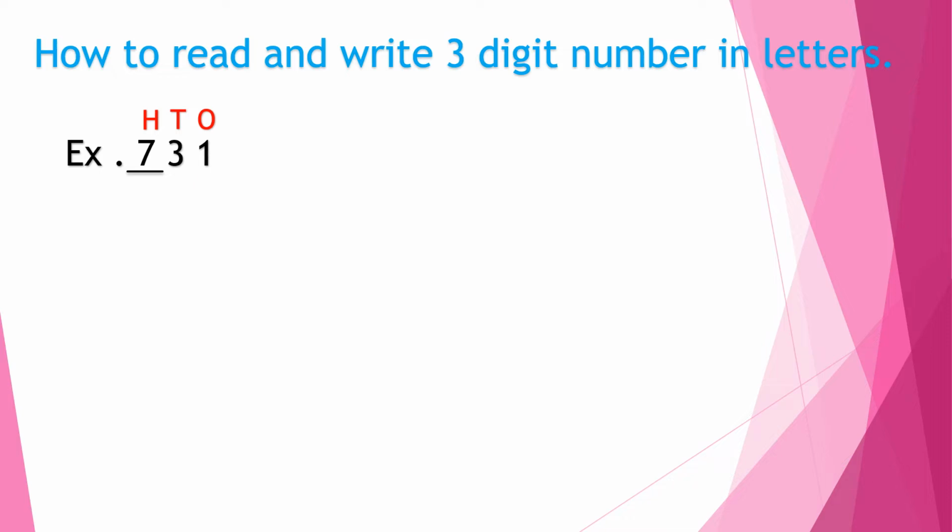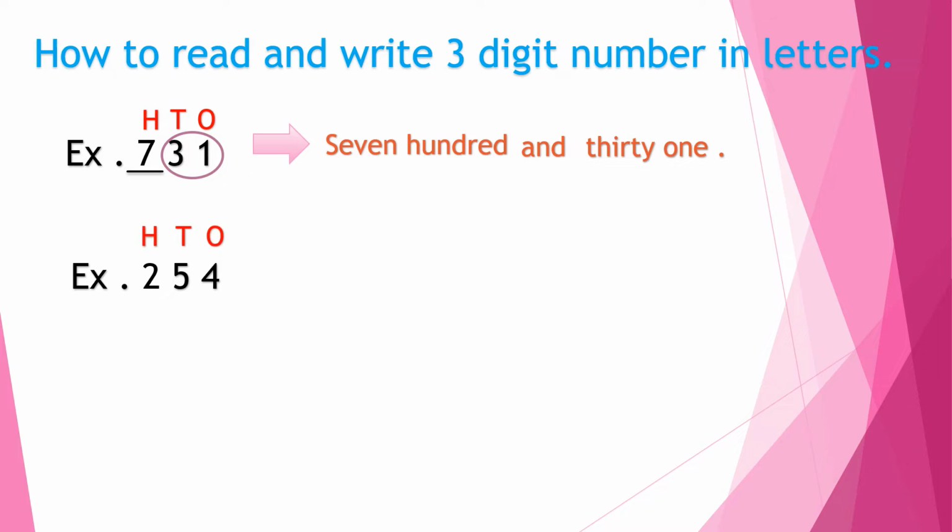So, it's 700. We can't say 7 only, we must say 700. And we will put and read ones and tens as a family. So it means 31. Then this number is 731.